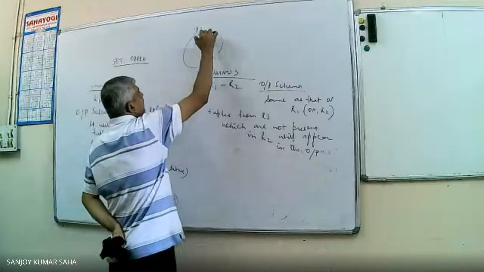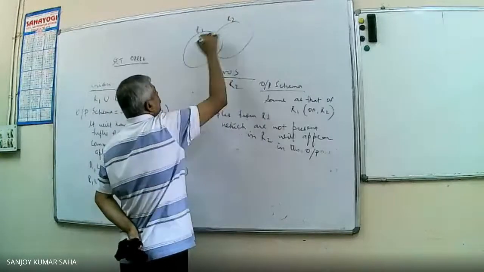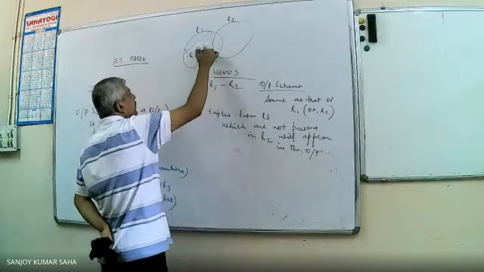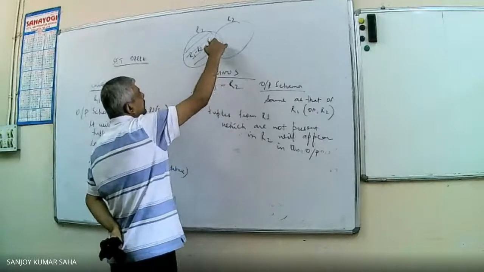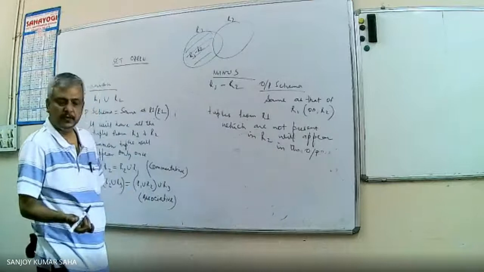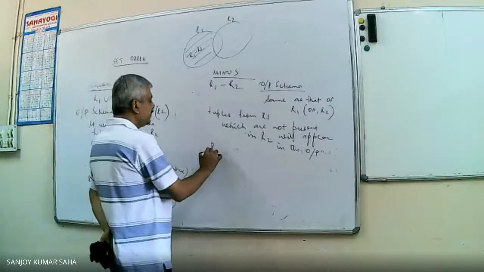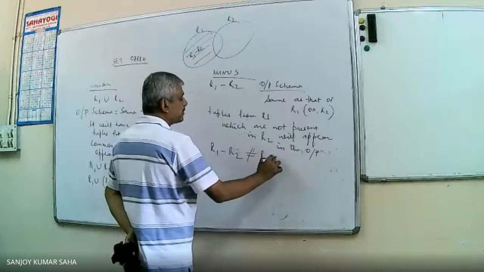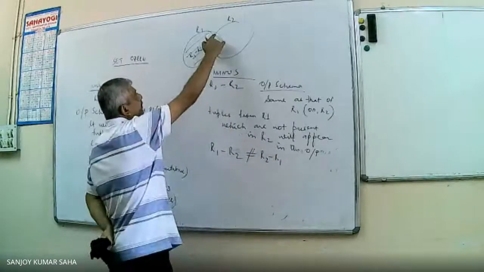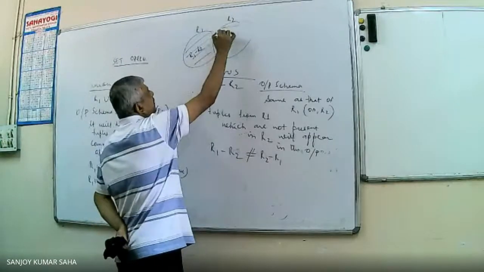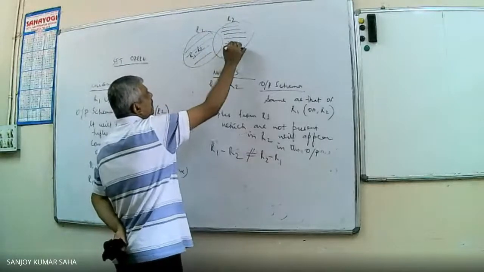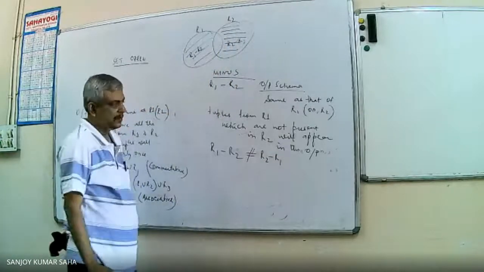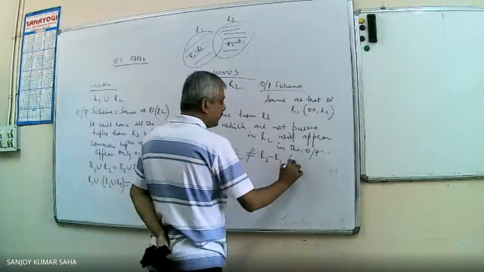Say if this is the set R1, and this is R2, so this is our R1 minus R2: tuples which are not present in R2. The intersection part is also present in R2. So obviously R1 minus R2 is not equal to R2 minus R1, because this is our R2 minus R1: tuples of R2 which are not common to R1. So this is not commutative.